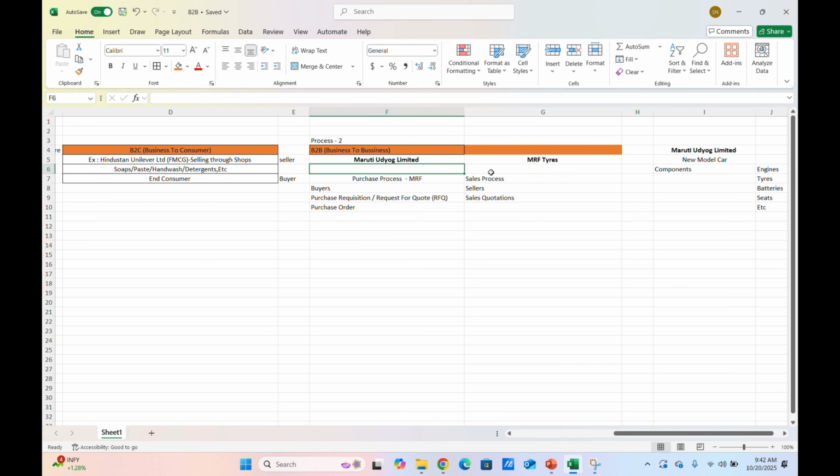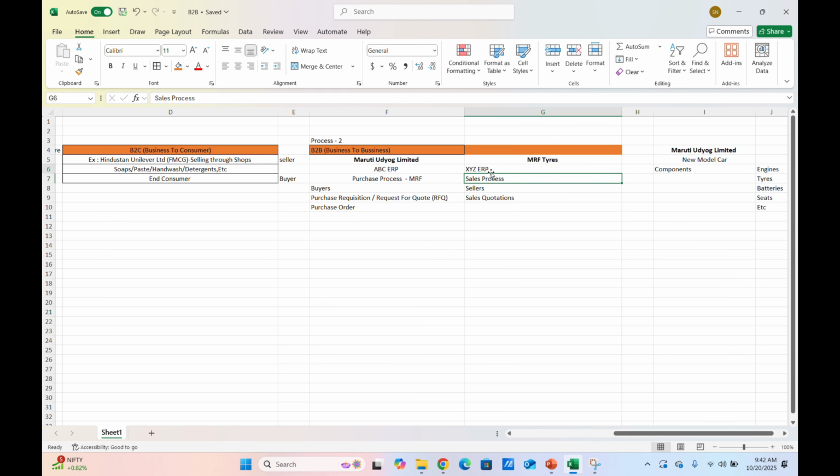Now here is the case. Maruti Udyog Limited is using ABC ERP, and MRF Tyres is using XYZ ERP.